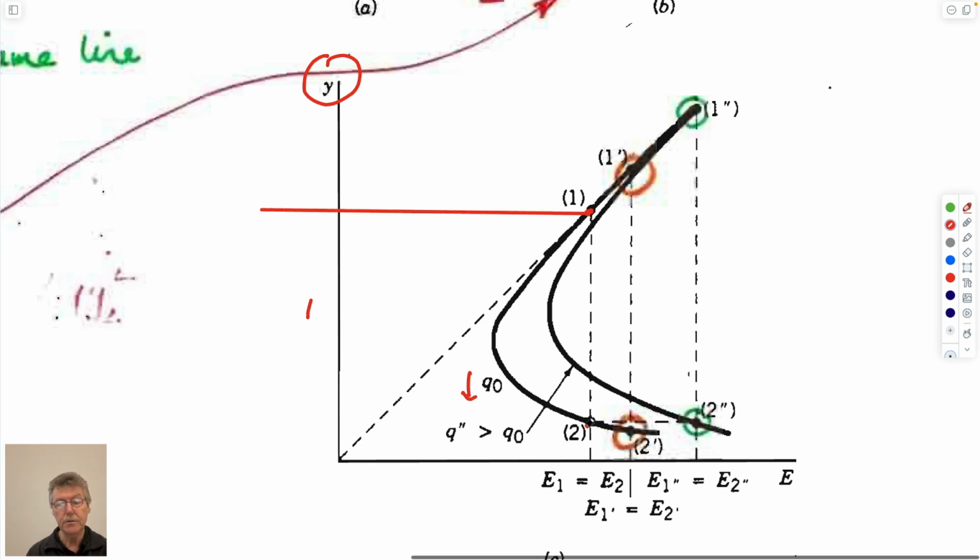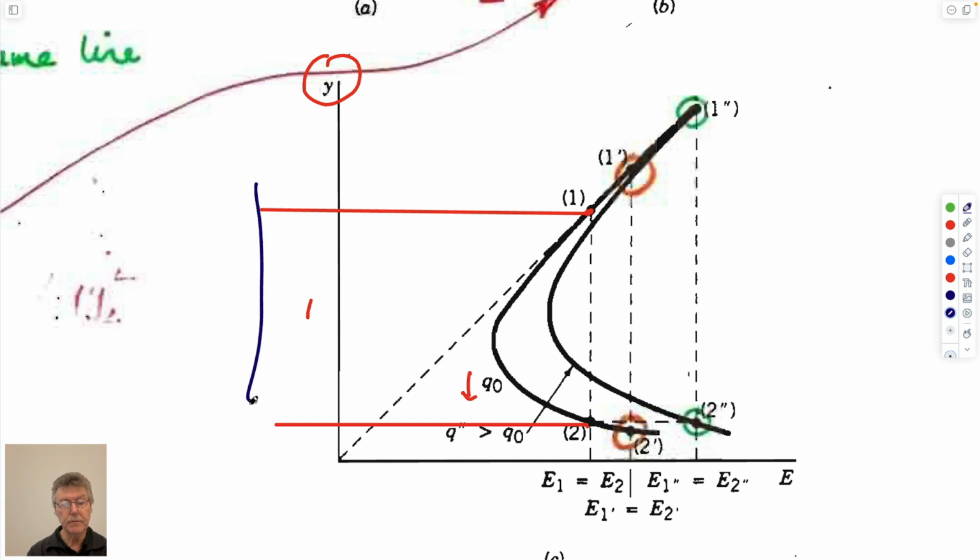So that the flow between these two points was this, and would represent a gate that looks like this. And so this would be Y2, and this would be Y1.